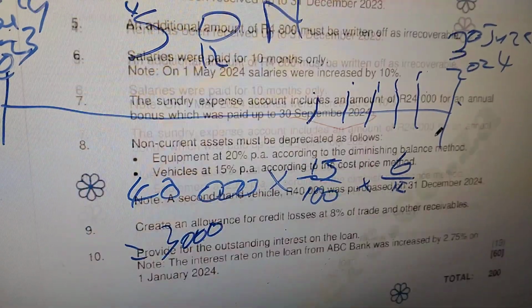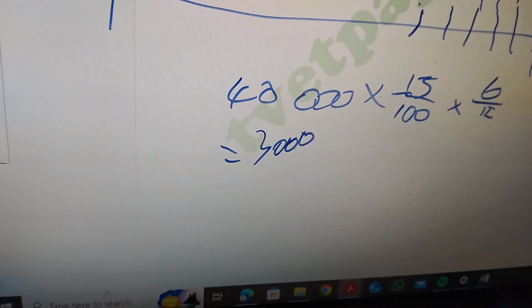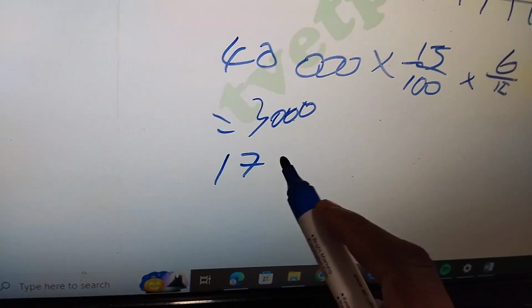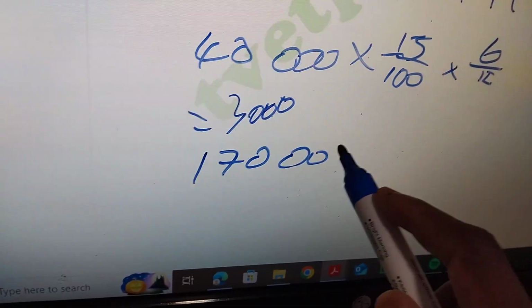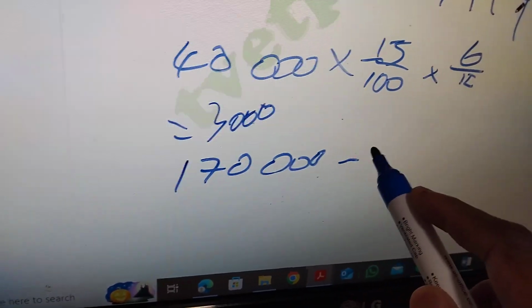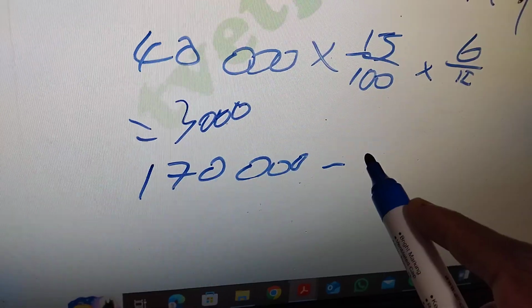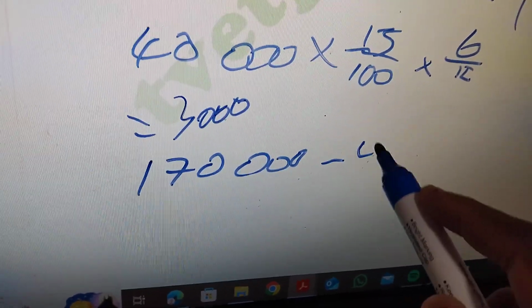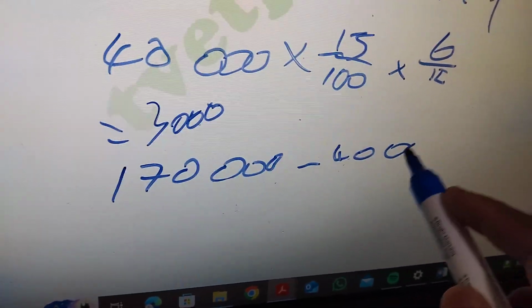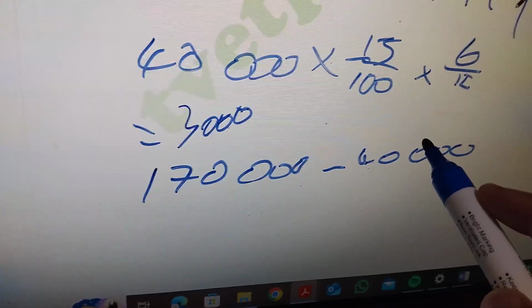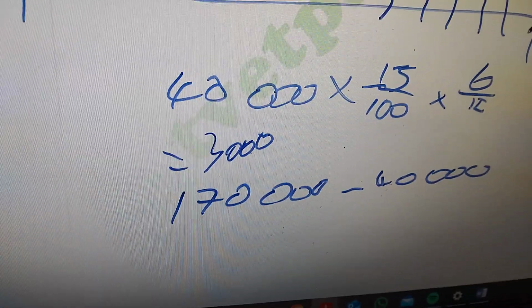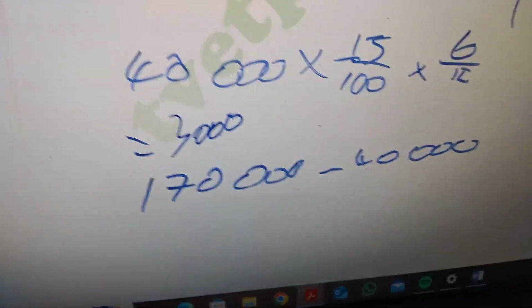They include this 170,000, and they include the vehicle that was bought on the last day of December, the 20th of December. Again, we minus. The reason why we minus is that we want to calculate the depreciation of the vehicles that were there for 12 months.